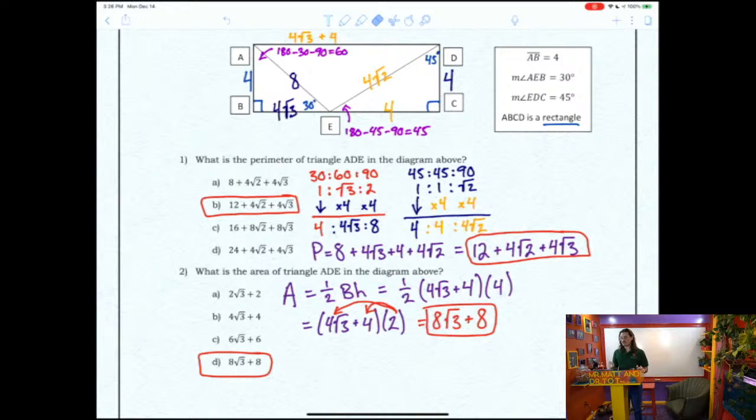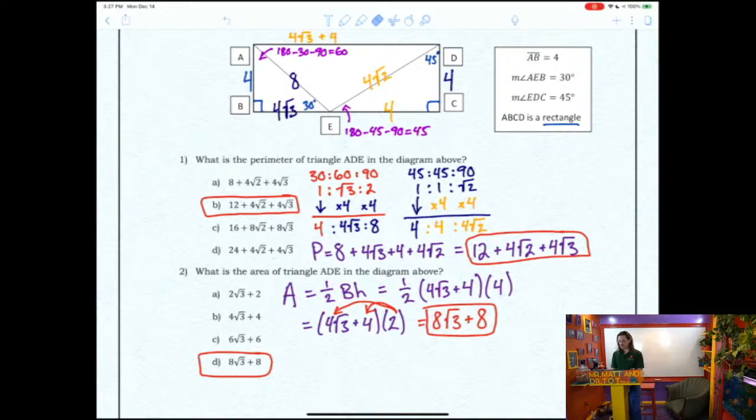So I can combine those together to understand that the length of the entire thing has to be 4 root 3 plus 4. So that's where I'm getting that information for the side length AD. So the perimeter is just the sum of all the sides. So we're going to take, starting with side length of 8 for side length AE, 8 plus 4 root 3 plus 4 root 2.